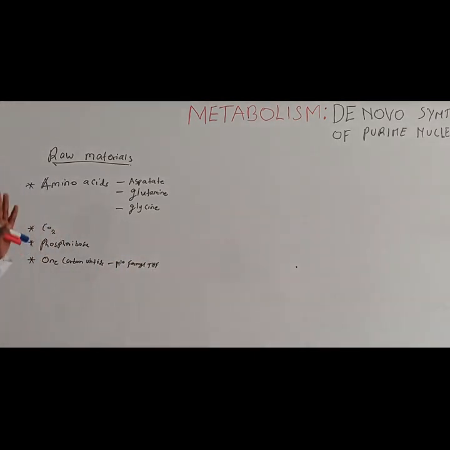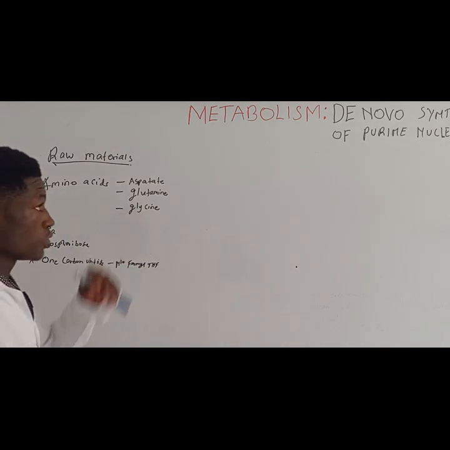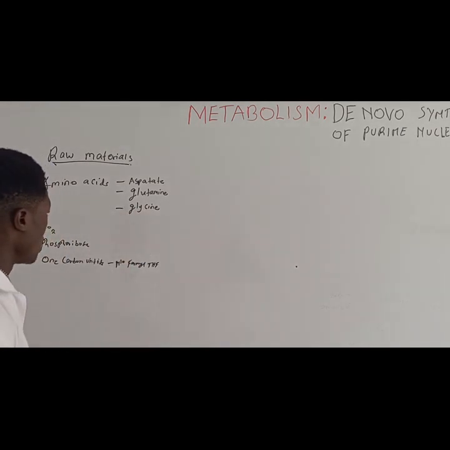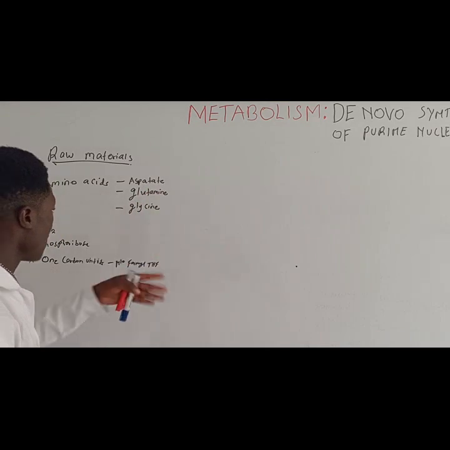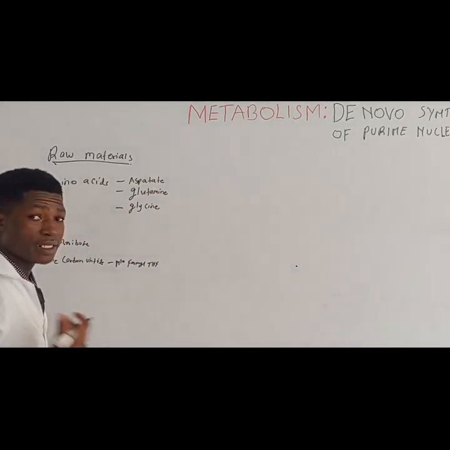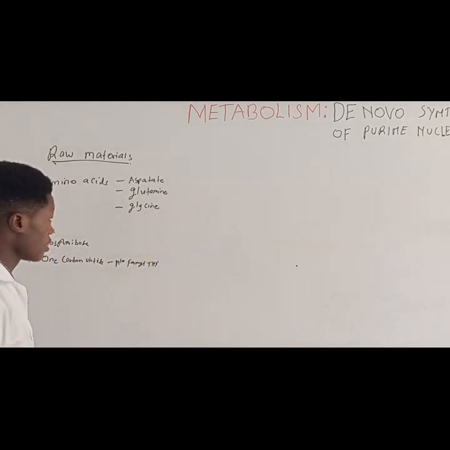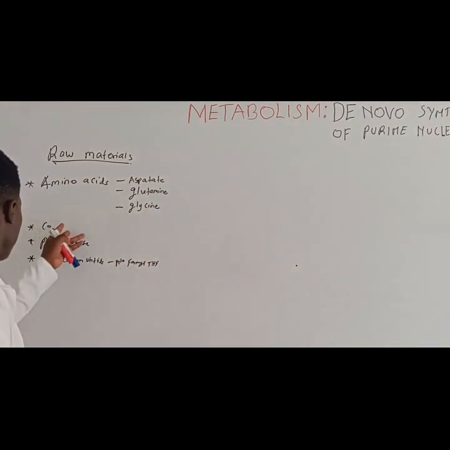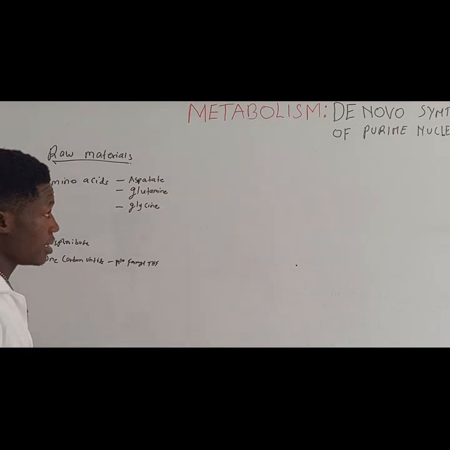So these are the raw materials we're going to use to synthesize these nucleotides. The aspartate, glutamine, and glycine are going to provide the nitrogen needed for the synthesis of these nucleotides. Carbon dioxide is going to provide the carbon.